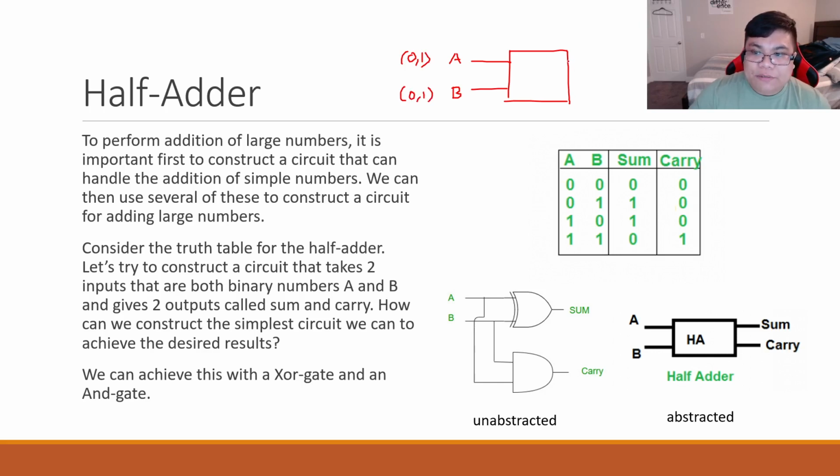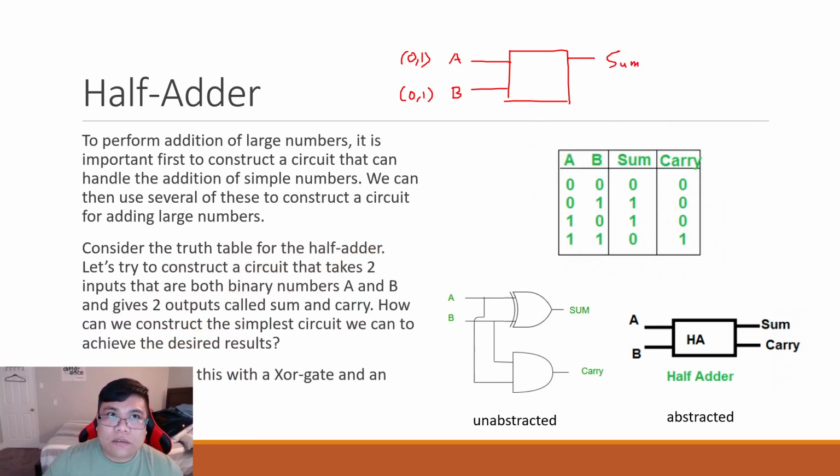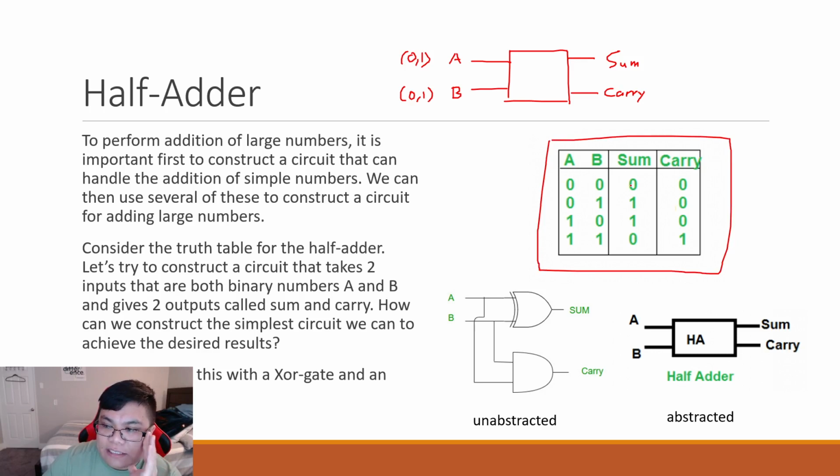It's going to have two outputs, one called a sum and another one that we're going to call a carry. It would be helpful if we drew a truth table like this one to represent how exactly this is going to work.